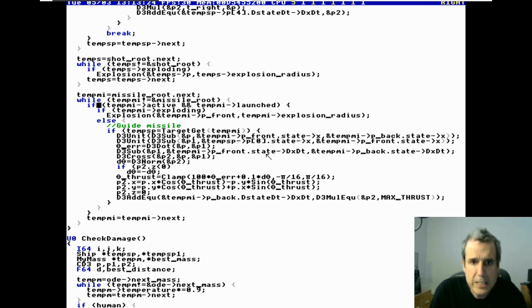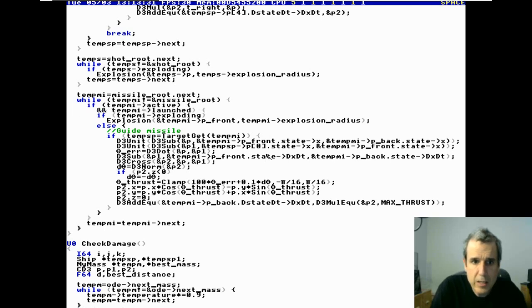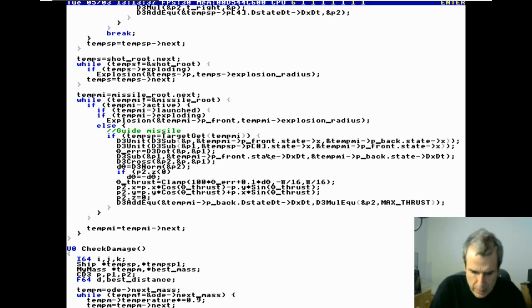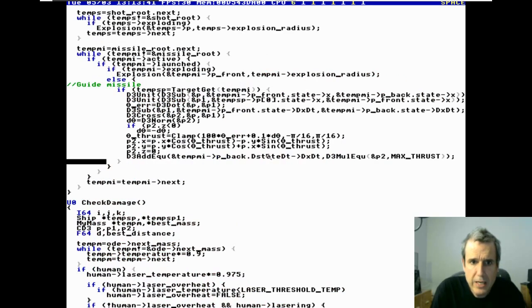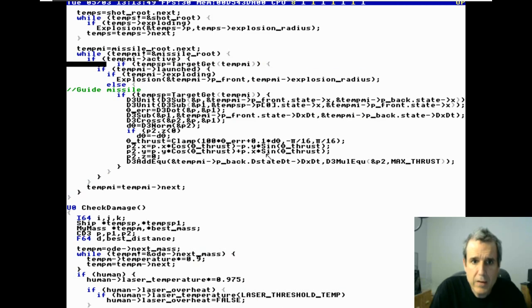Launched. So if active. If launched. Control Shift L. Again. If SP active.